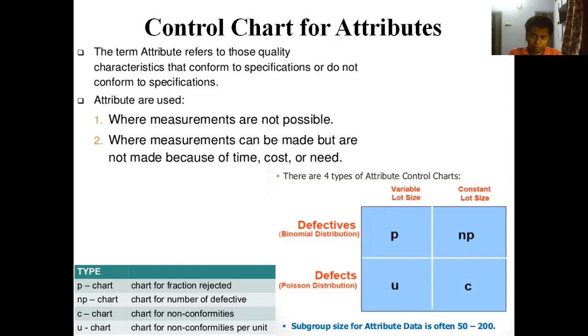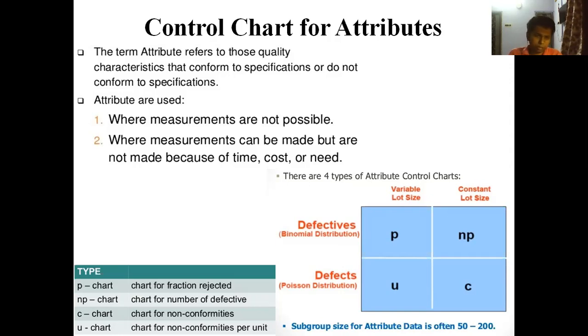For each and every quality characteristic, if you want to use control charts for variables, then for each one you will have a particular control chart, an X bar chart or an R chart. So to save time and to save cost as well, it is comparatively economical if you judge a particular quality characteristic as acceptable or not.